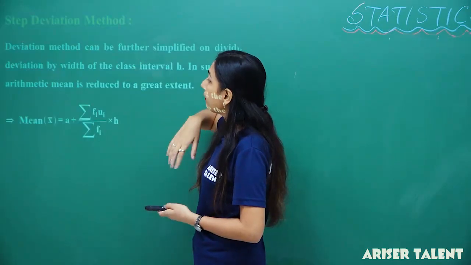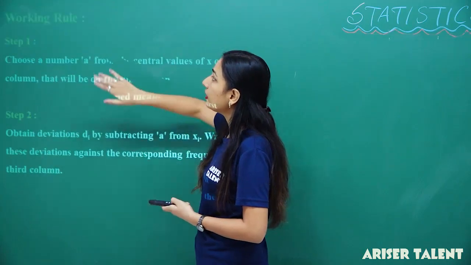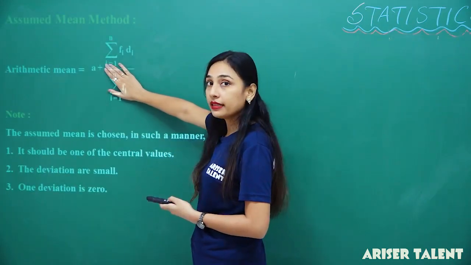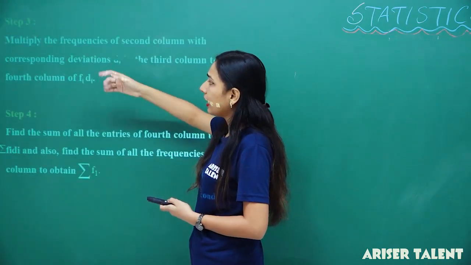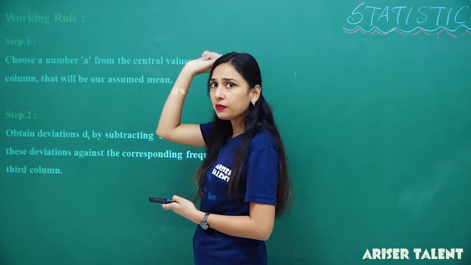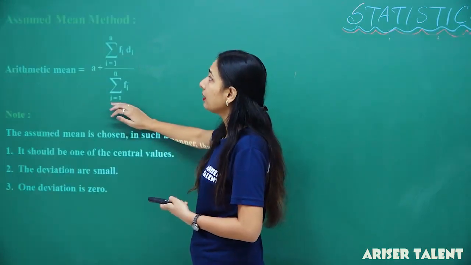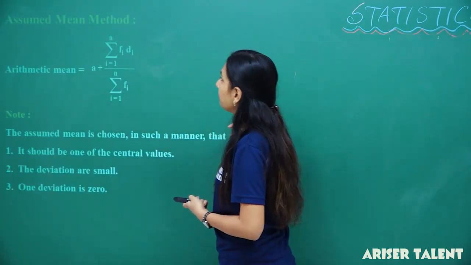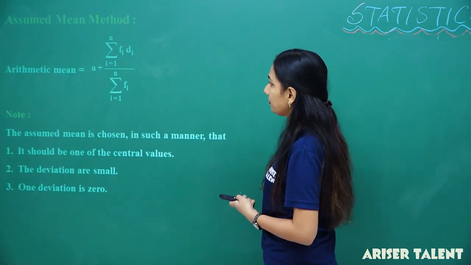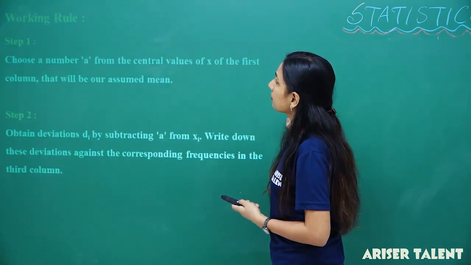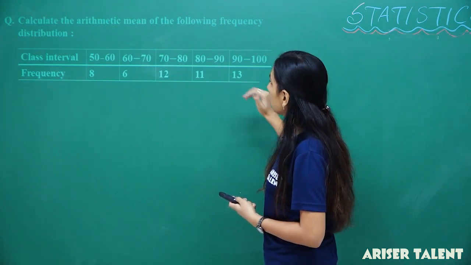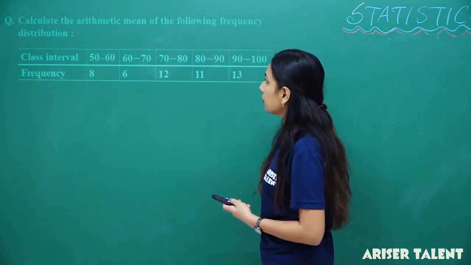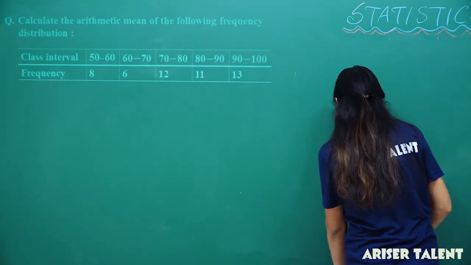But we have studied the assumed mean method, so we are going to work on that only. Meanwhile, I used the word deviation method, but this is not the deviation method, this is the assumed mean method. So for this assumed mean method, we will solve this question.